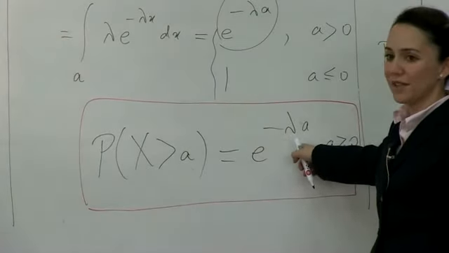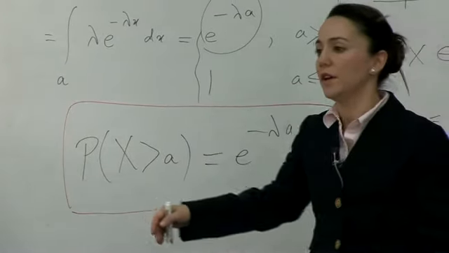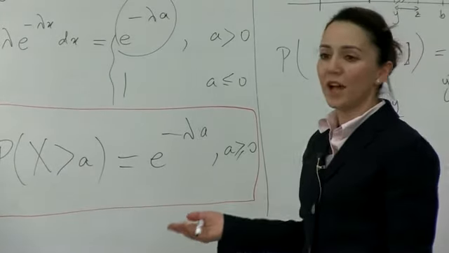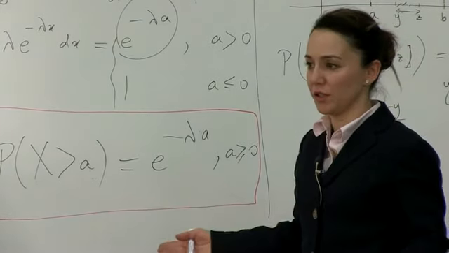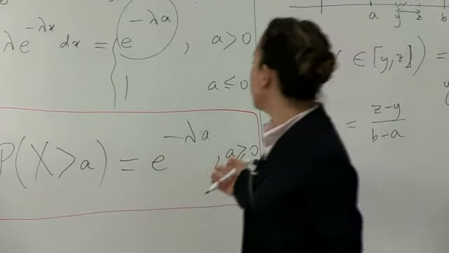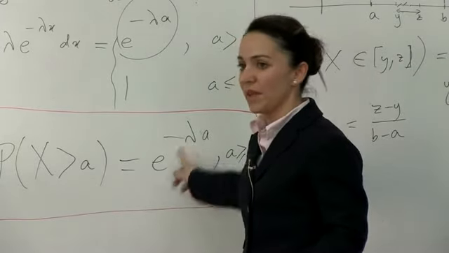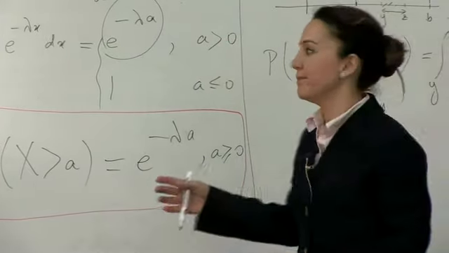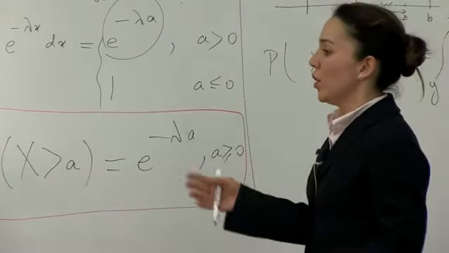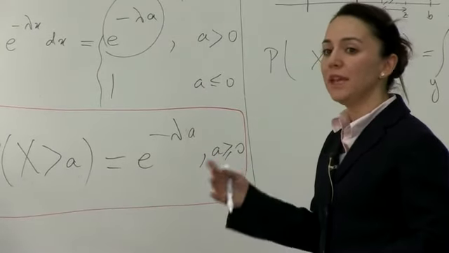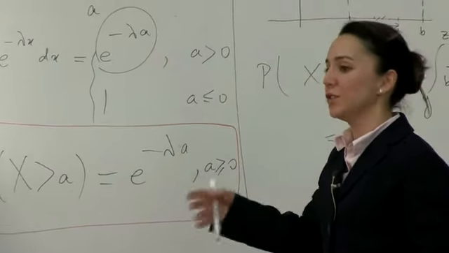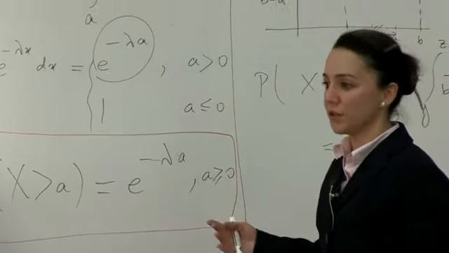So, for example, if the lifetime of a certain photon is exponentially distributed, and its rate, lambda, is 1 over 10 to the minus 3 seconds, its mean lifetime would be 10 to the minus 3 seconds.